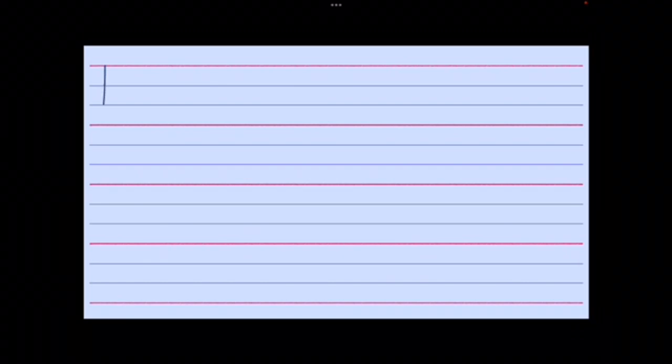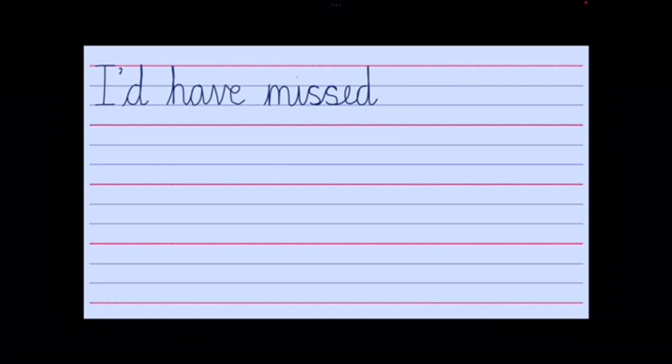I'd, we have the word I, and then the word would loses quite a few letters. I'd have missed it. And suffix ed sounded a bit like t again. An exclamation mark to show us how she was feeling.